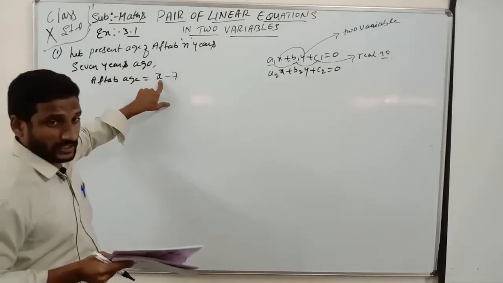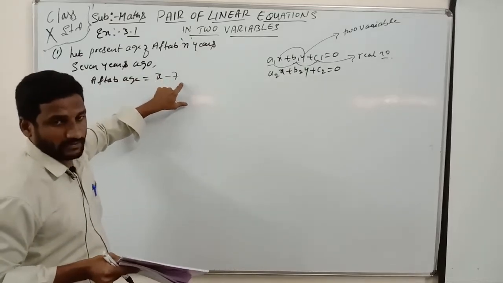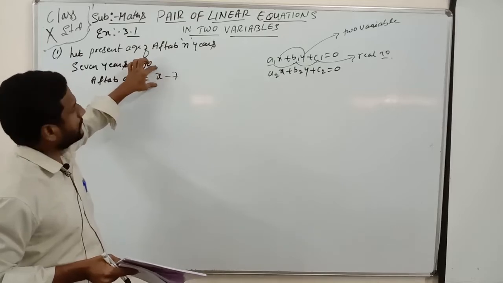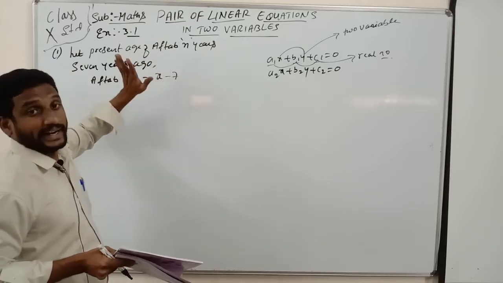X you should write first here, then minus 7. For example, present is 15, 15 minus 7, that is nothing but 8 years.